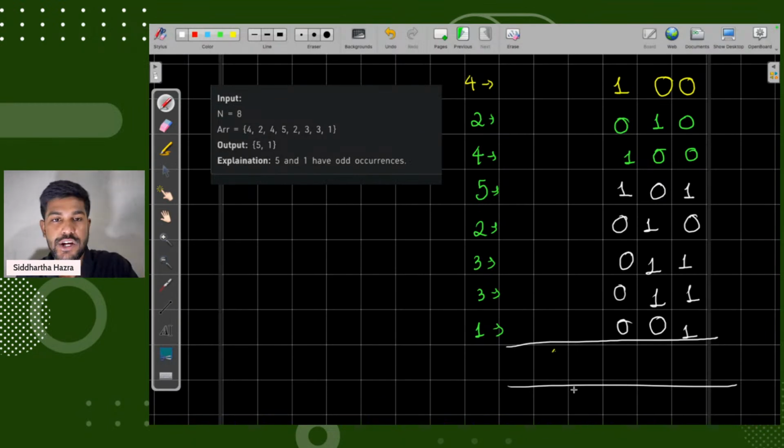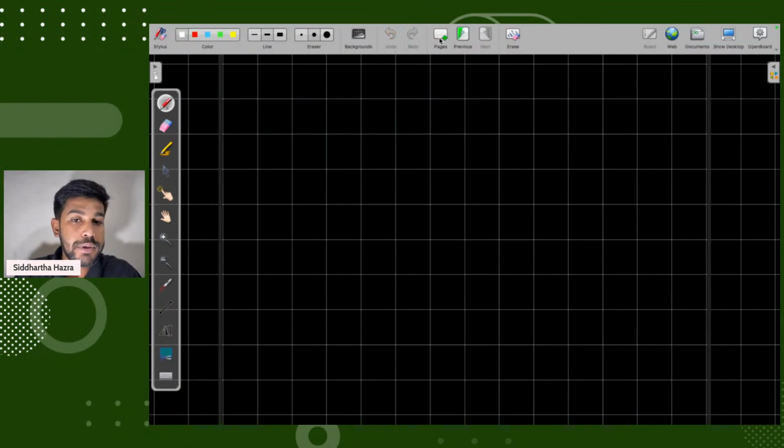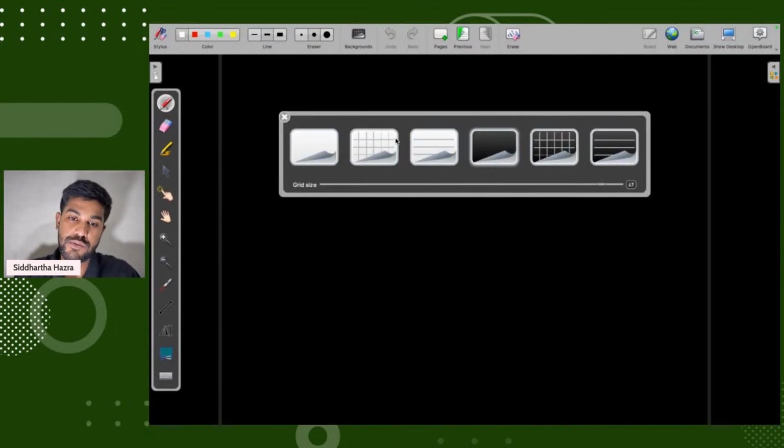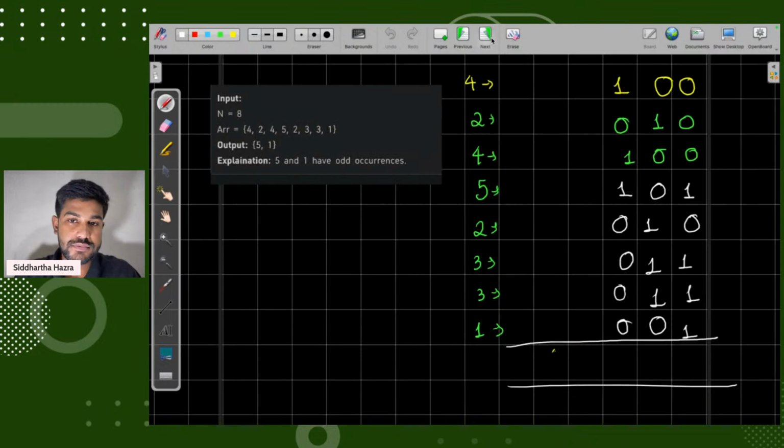Now how do I make it intuitive? This becomes intuitive if you already know the properties of XOR. What are the properties of XOR?